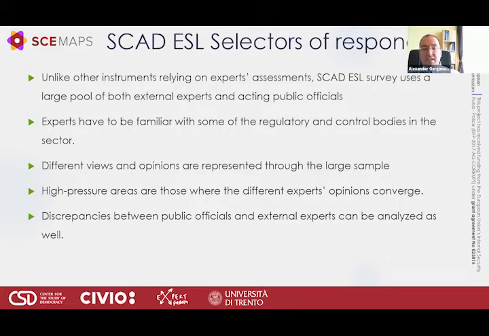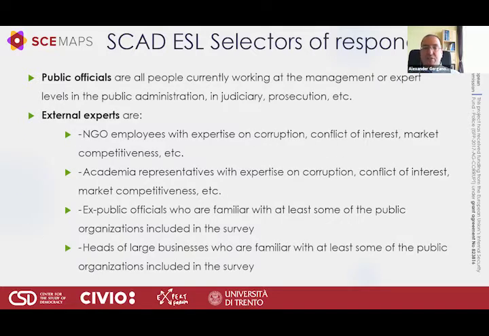And the idea here is that we are looking for areas where the opinions and views of all the experts converge into the view that there is some problem in this area, regardless of whether it is something related to the sector, so the business capture dimension, or if it is related to the public organizations related to the sector. And of course, discrepancies between public officials and external experts can also be analyzed, but our main goal here is to find areas where all the experts more or less agree that are problematic, and you will see examples in a minute.